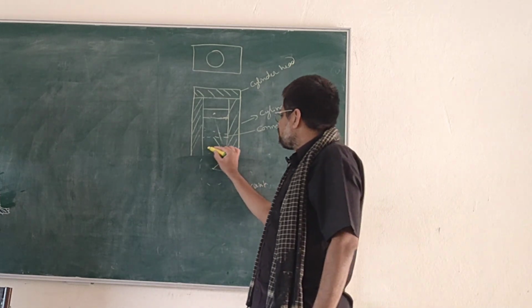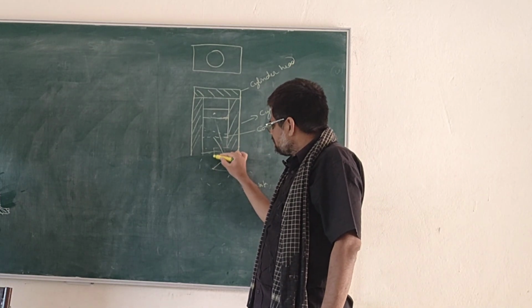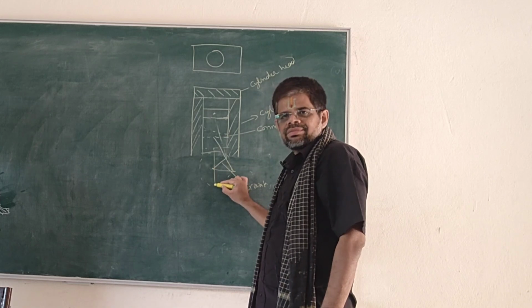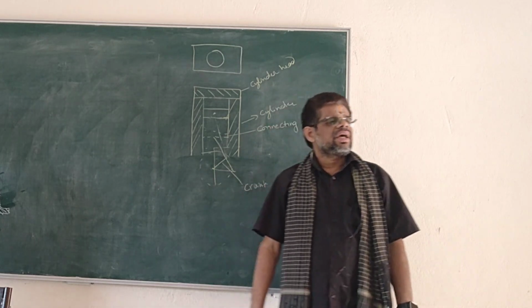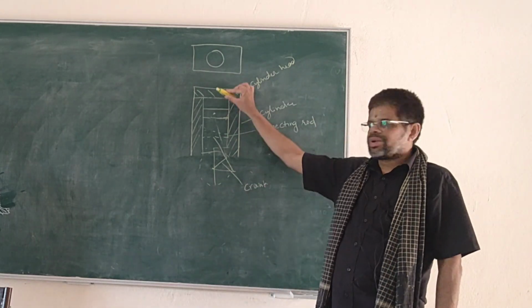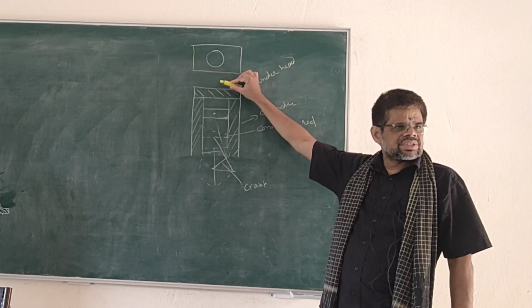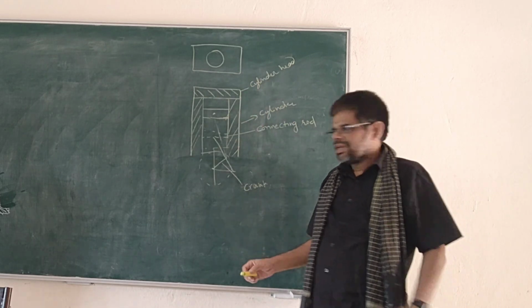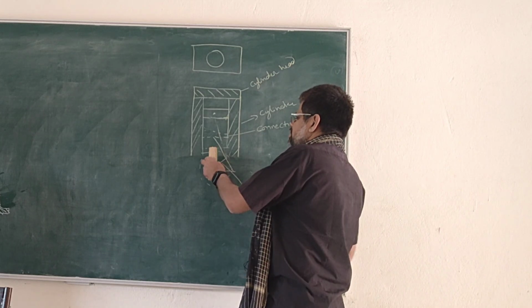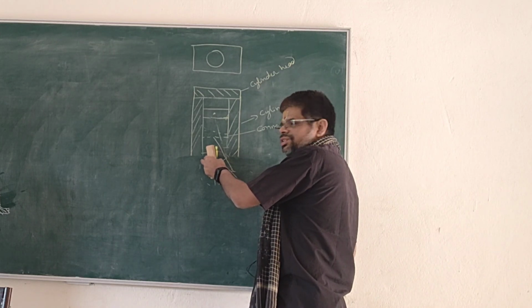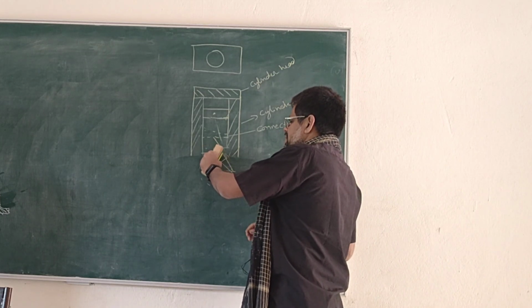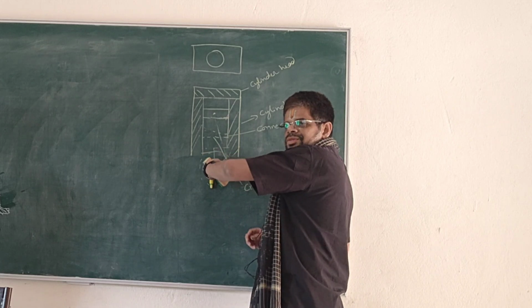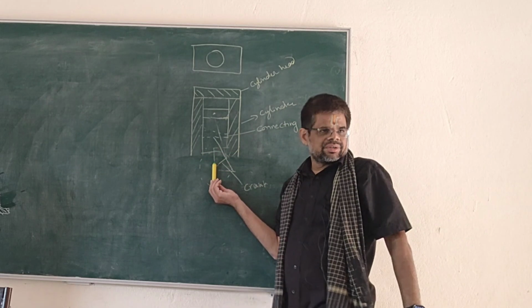When the piston is at the bottommost position, the crank is here. Like that the crank rotates as the piston moves downwards from top to bottom. Initially the crank is in vertical position, and as the piston moves downwards, it rotates like this. So it makes a 180 degrees revolution.